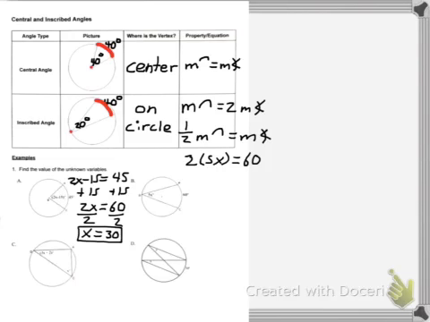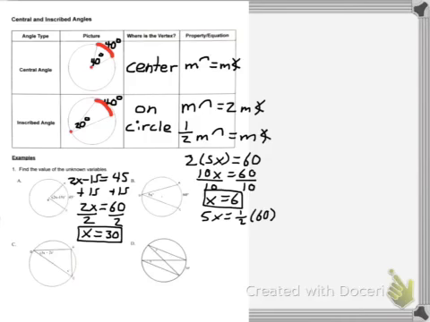Alright, now to solve this, I'd multiply 2 times 5x, and I would get 10x equals 60. Then I would divide both sides by 10. So my final answer is x equals 6. The other way I could have done this problem is I could have set 5x equal to 1/2 of 60 if I wanted to use the other equation.